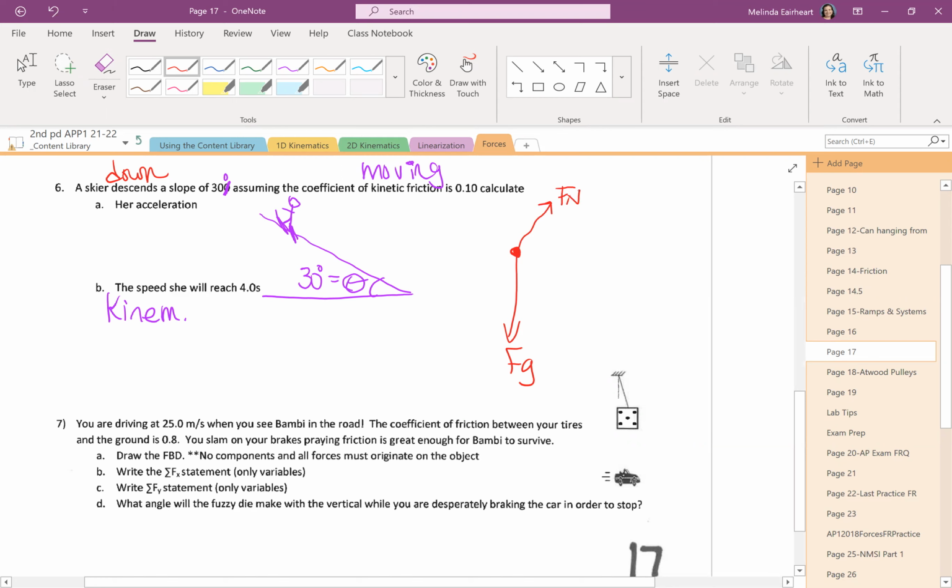What else? Friction. So once you recognize descends is down the ramp, friction's going to act up the ramp, smaller. And it's kinetic friction, which FYI, kinetic friction is less than your static, which they didn't give us static, but just FYI.